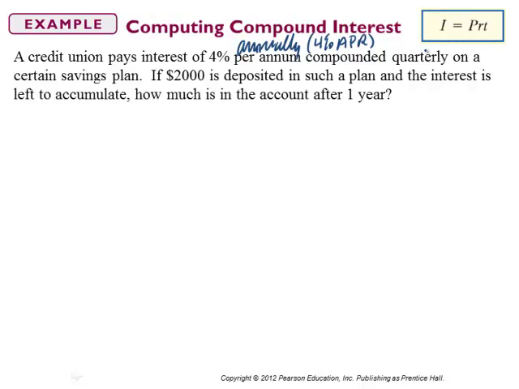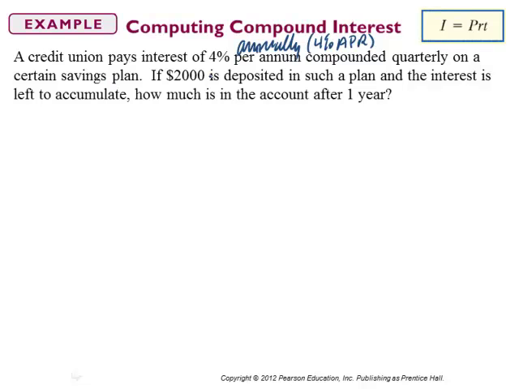At the end of each quarter, the bank is going to look at your balance and then take your APR divided by 4, which in this case is 4% divided by 4, which is 1%. Take 1% of your balance and add that to your current balance on your certain savings plan, lump sum, essentially.